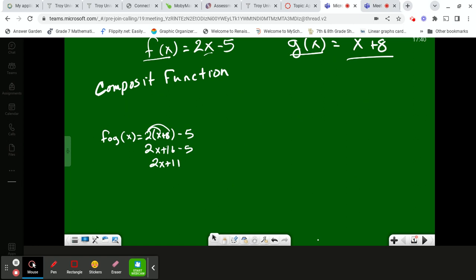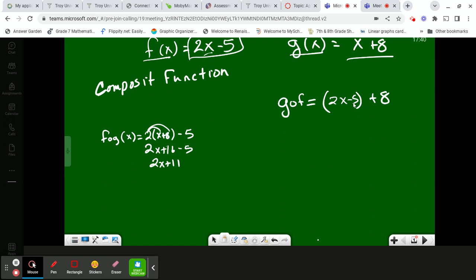If I said g of f, now f is on the inside, so I'm going to be putting the 2x minus 5 into the x plus 8, right? So the x, I'm going to leave out, and I'm going to put in 2x minus 5.